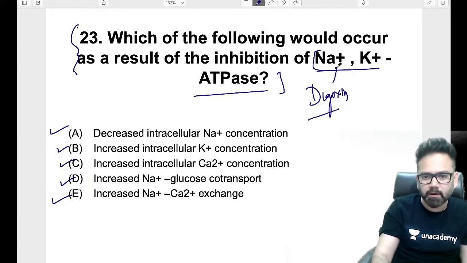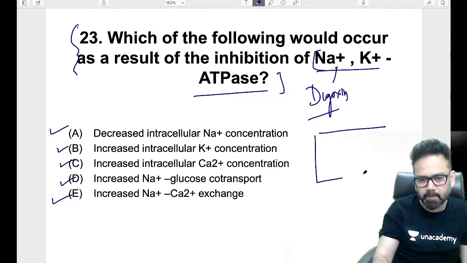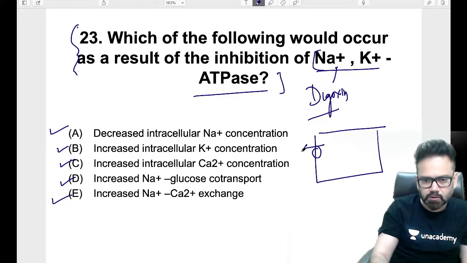When it inhibits the sodium potassium ATPase pump, suppose this is your heart, and this is your sodium potassium ATPase. It takes sodium outside and potassium inside. And this is the calcium sodium exchanger, bringing calcium out and sodium in.